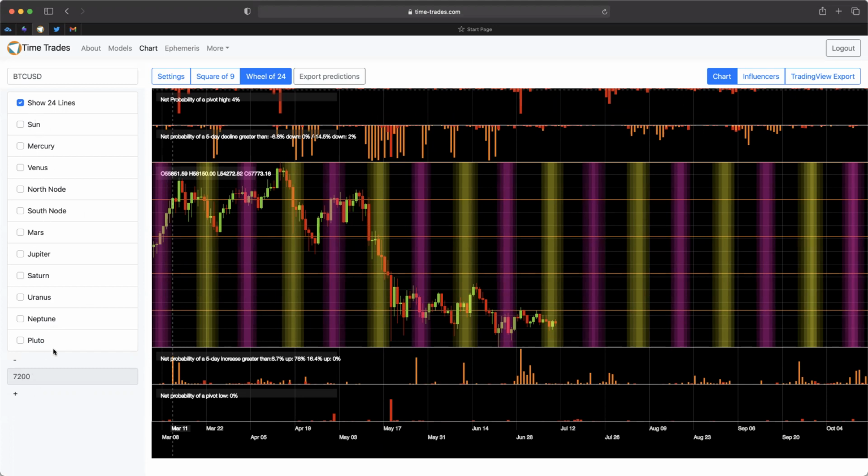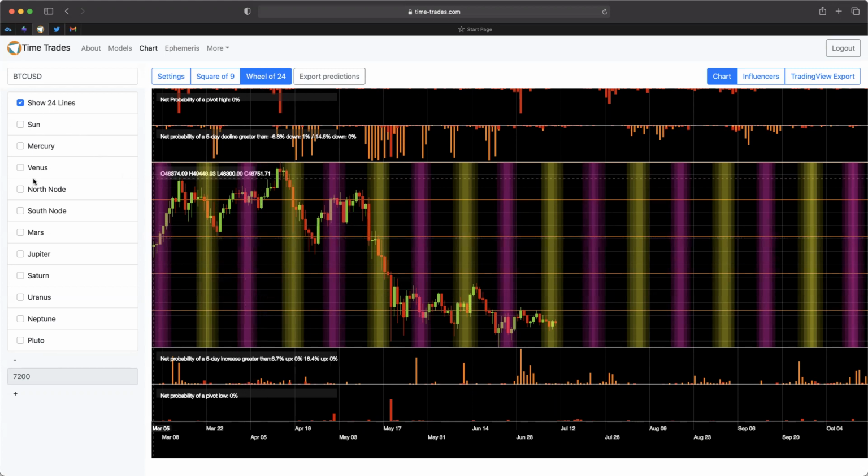So with this number here, I'm setting the size of the price wheel. The price wheel is 7,200, so one lap around the price wheel is 7,200. What that means is every $7,200 on Bitcoin, we're starting a new lap around that price wheel, and we are drawing an orange line.